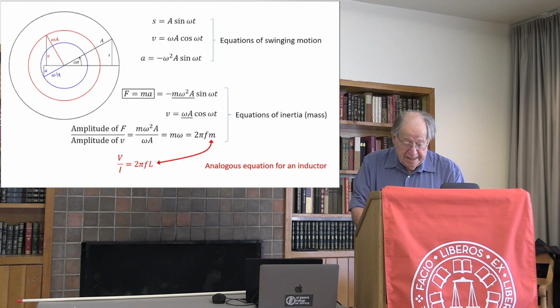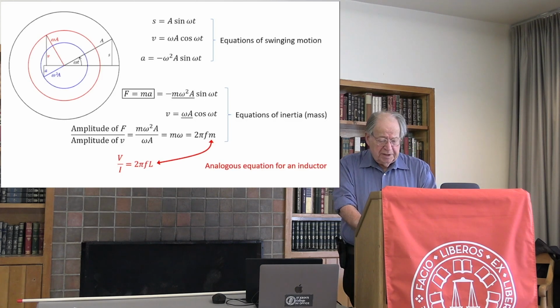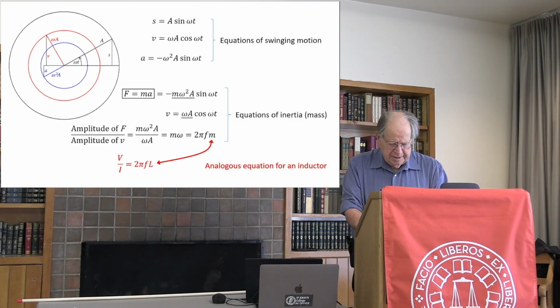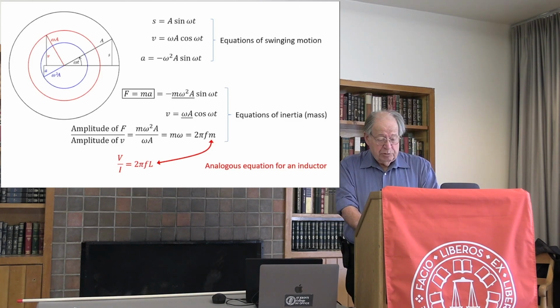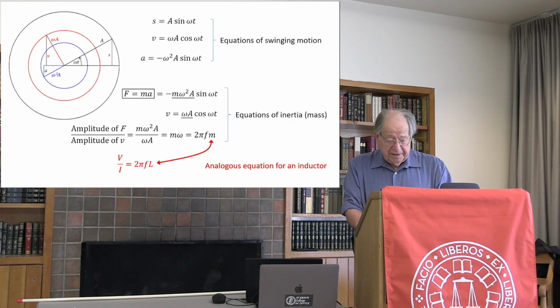In particular, the ratio between the measured voltage and current in the inductor appears to have the same mathematical form as that between the amplitudes of force and velocity for a mechanical mass.